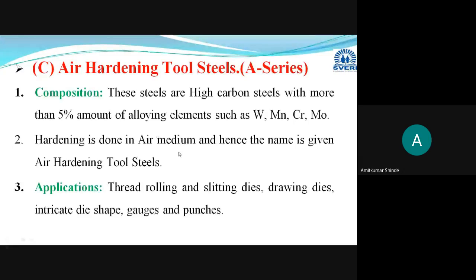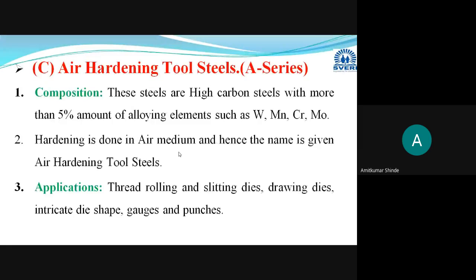In other words, you can write that the hardenability of air hardening tool steel is more. As we are moving, water hardening tool steels will have lesser hardenability, oil hardening tool steel will have more hardenability as compared to the water hardening tool steels, and air hardening tool steel will have the highest hardenability out of these three types.